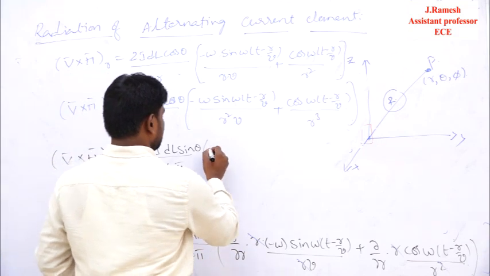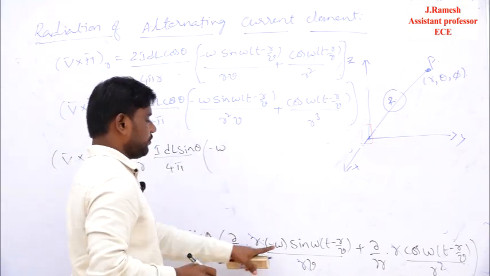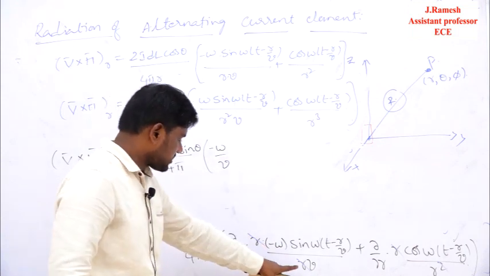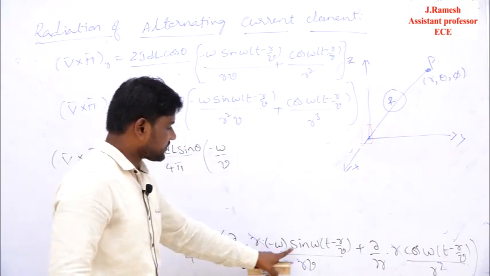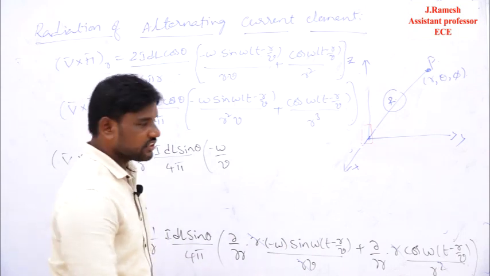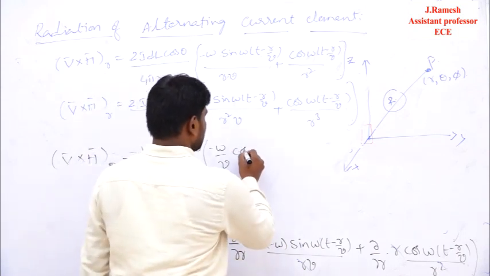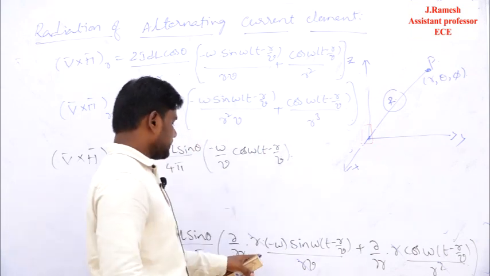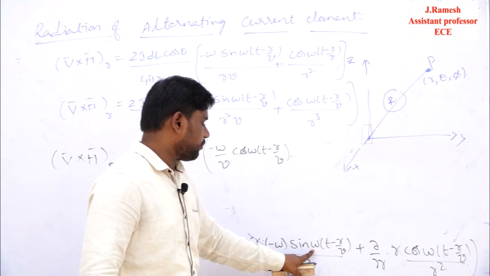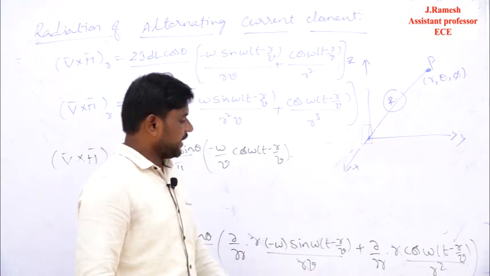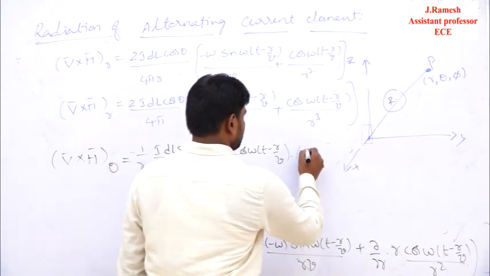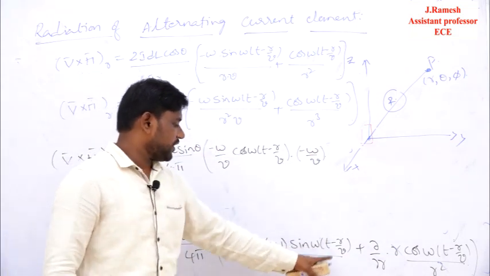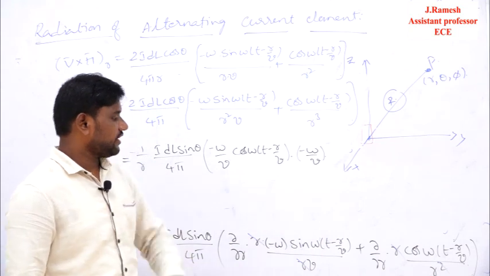Minus omega is a constant, and v is also a constant, so both are taken as constants. The derivative of sin theta is cos theta, so cos of omega into (t minus r by v). What is the derivative with respect to r? Here the derivative of omega into r by v is minus omega by v.